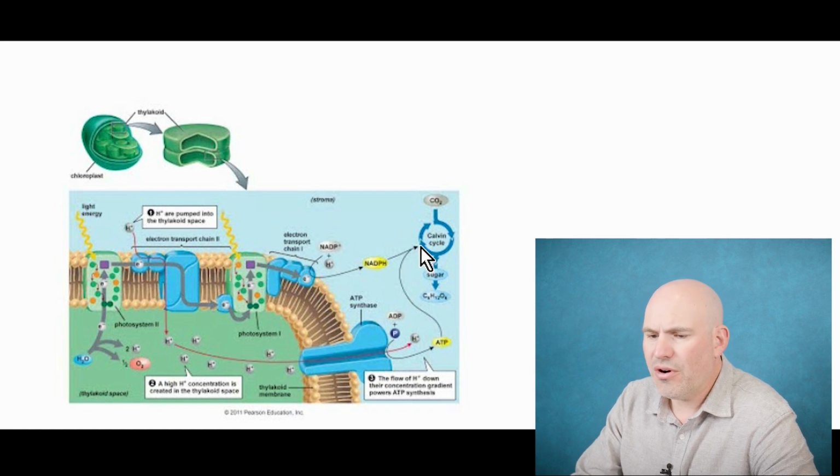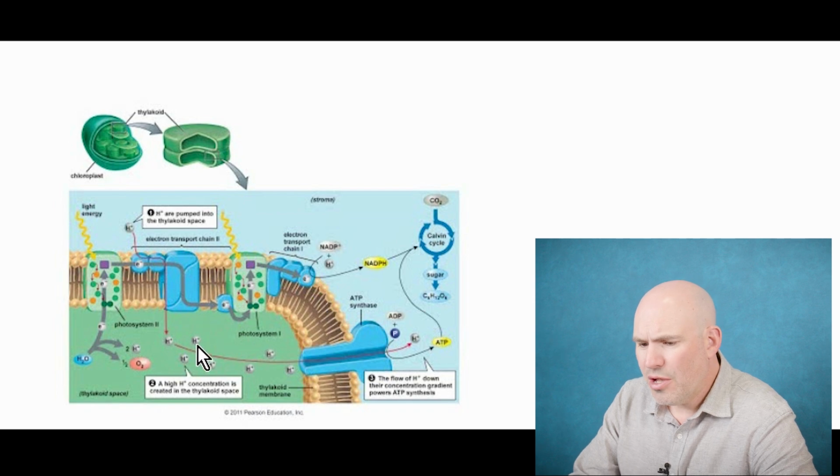And if you remember our summary of photosynthesis, I said the light reaction generates ATP that goes to power the Calvin cycle. So now we know how that ATP is generated. By creating a high proton concentration gradient here, chemiosmosis is going to be these protons pushing their way from high to low. They push their way through the ATP synthase, which then will help generate that ATP, which will go to the Calvin cycle to power the Calvin cycle.